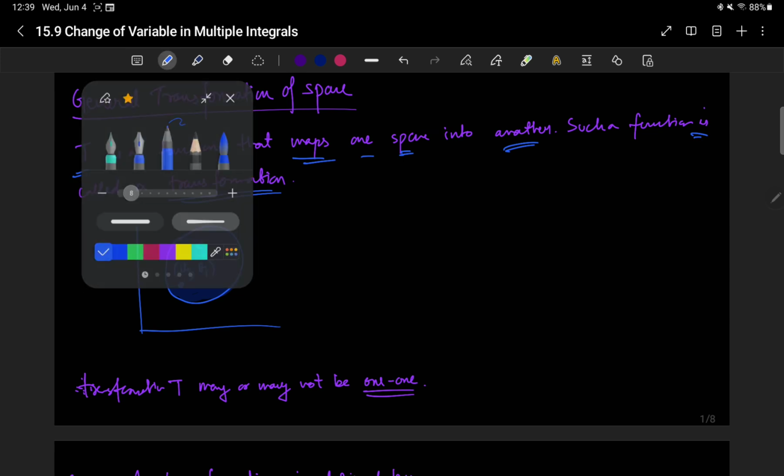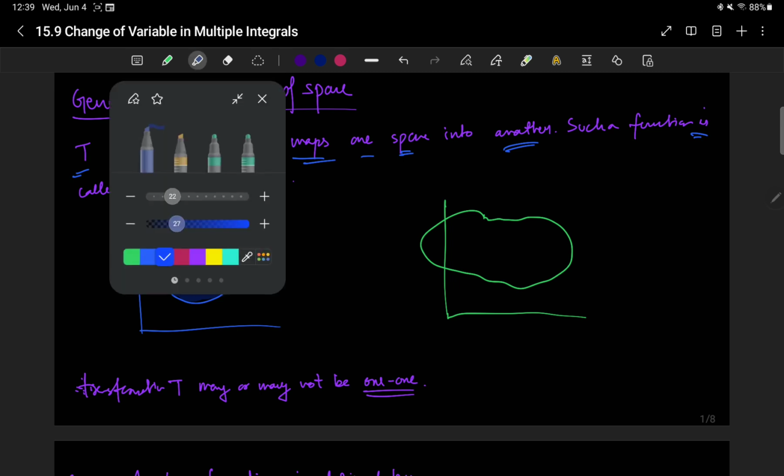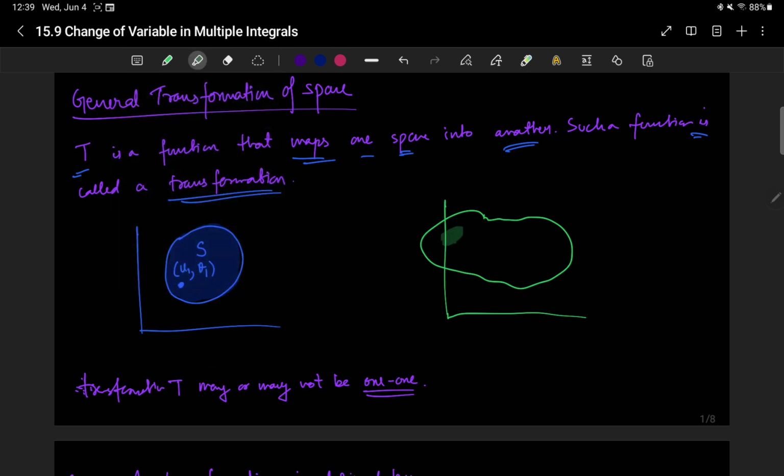Then what a transformation does is it takes this point and maps it to possibly another space that doesn't have the same shape, dimension, or same number of points as the original region, but it will satisfy certain conditions. For example, you will be able to find mappings for every point to every point.